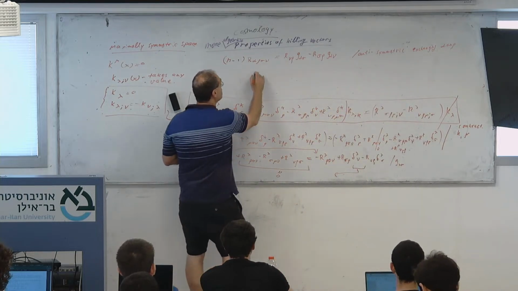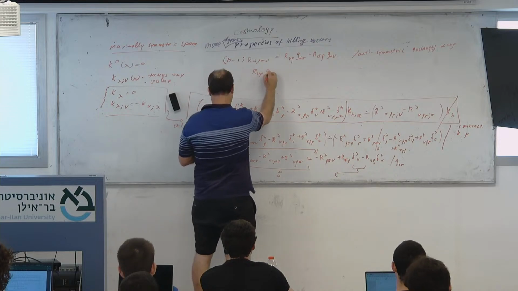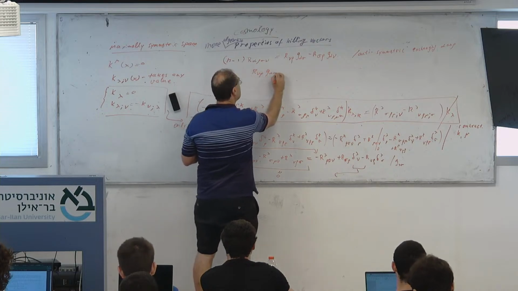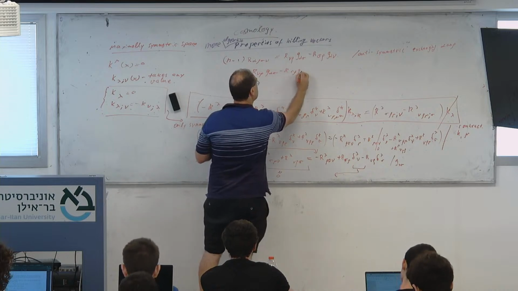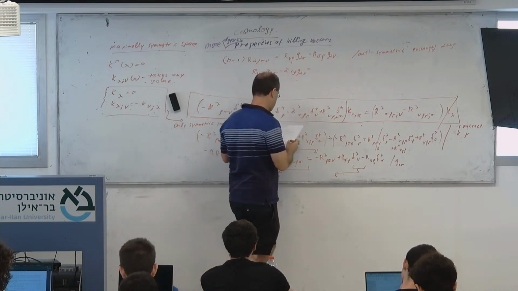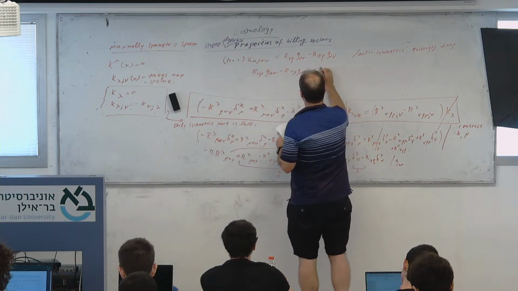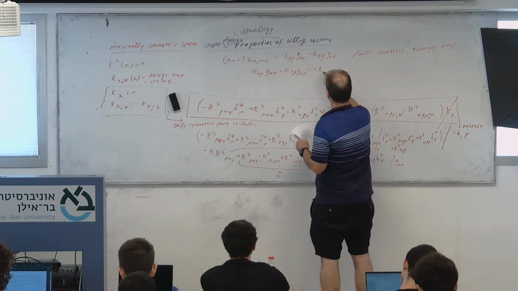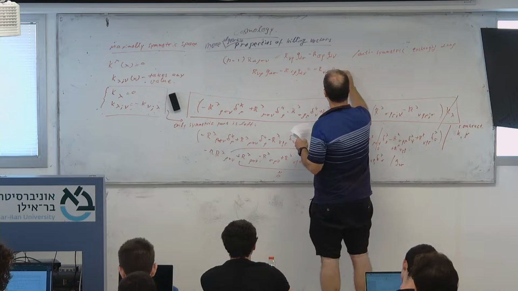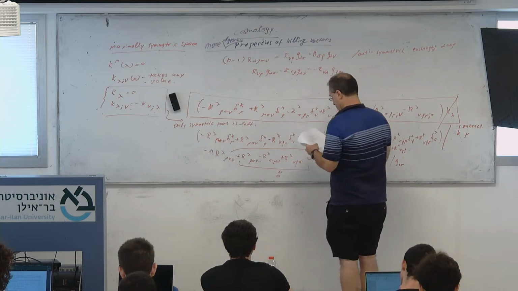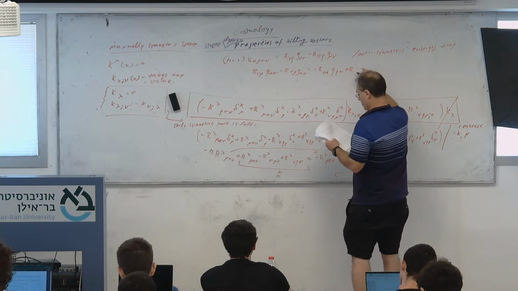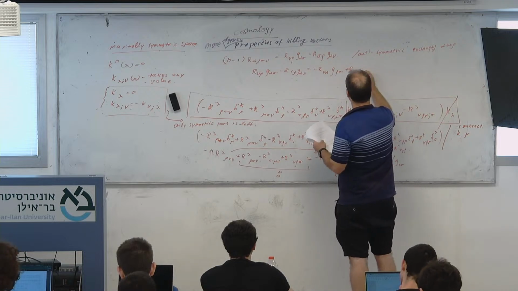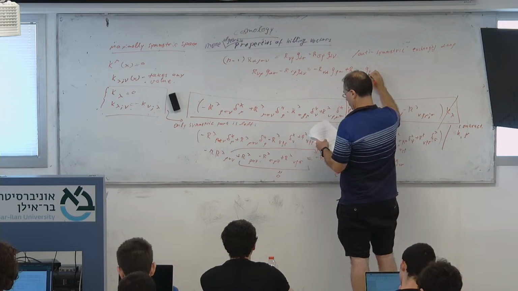So that means that R nu rho G alpha sigma minus R sigma rho G alpha nu should be equal to minus R nu alpha G rho sigma plus R sigma alpha G rho nu.